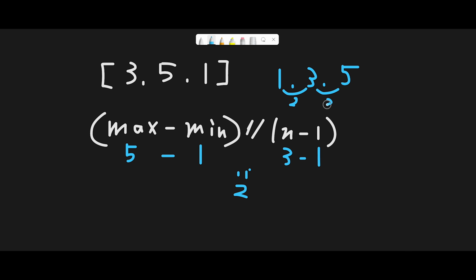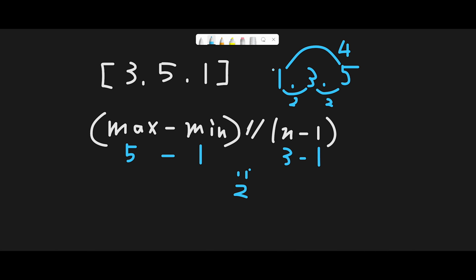The total difference between the minimum number and the maximum number is 4. And since we start from 1, we don't have to care about this number. We have to care about the numbers from the next one onward. So in this case we have two numbers, 3 and 5, and that's why we need n minus 1.